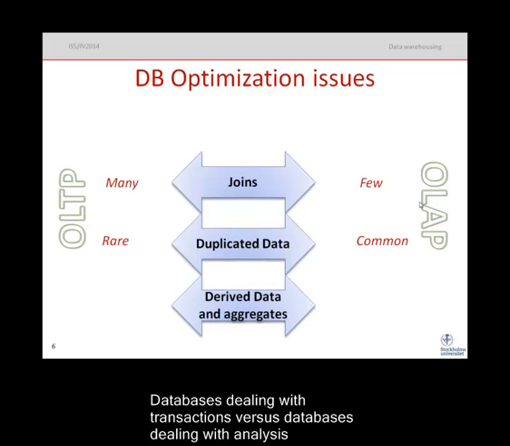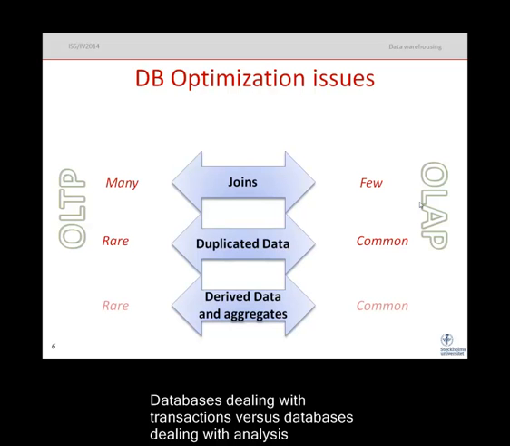And when we talk about derived data and aggregates, well, in OLTP, we don't store derived data, and we don't store aggregates. We calculate them if we need them, because we don't want to have duplicate data, and we look at inserting issues, rather than analyzing issues.